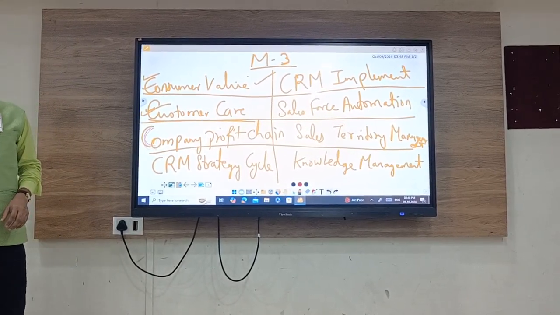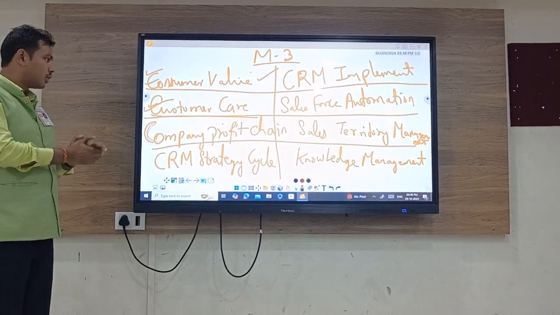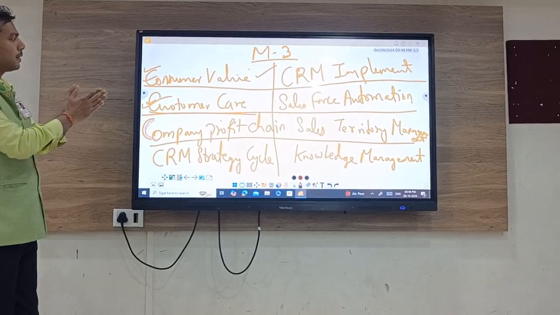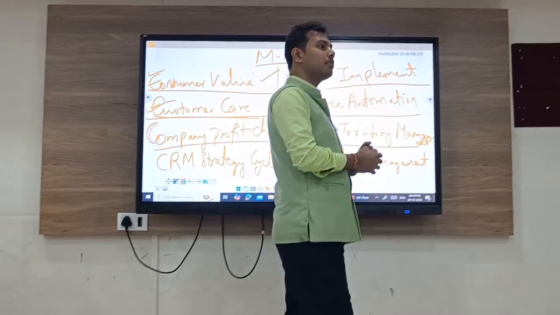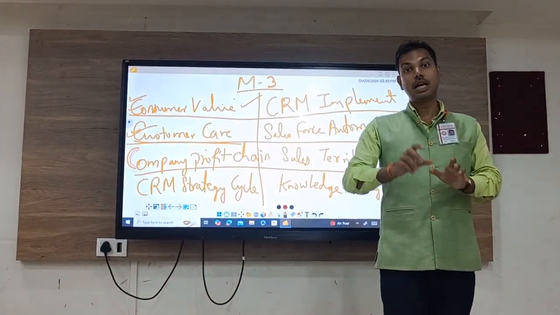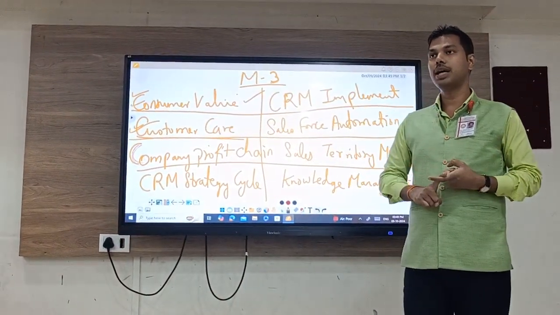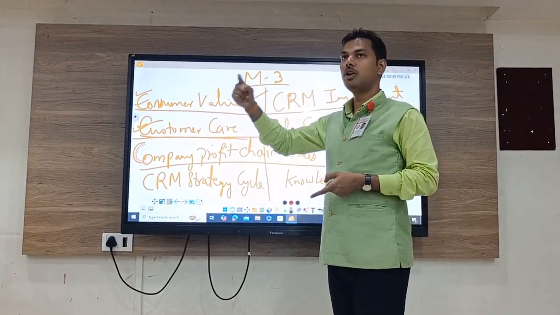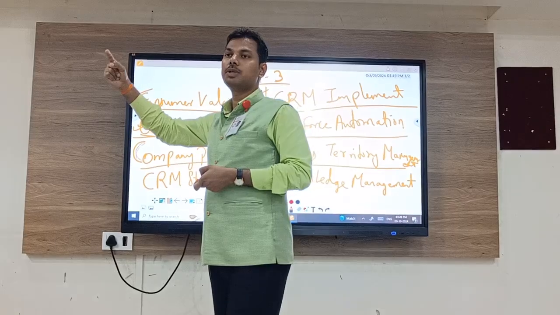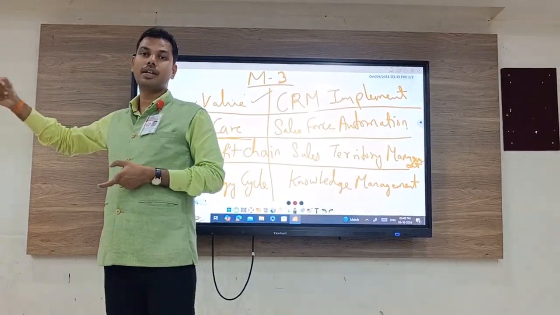Moving to the next aspect, we are going to learn about the company profit chain. Remember, in the classroom, I did mention several other names for the company profit chain. It is also known as the customer satisfaction, customer loyalty, and revenue chain.